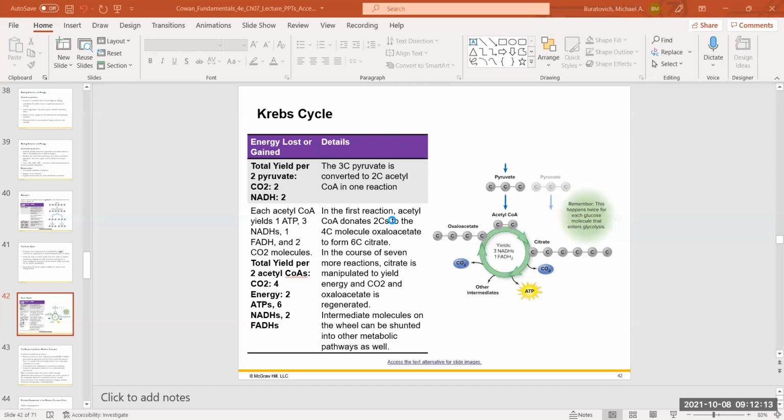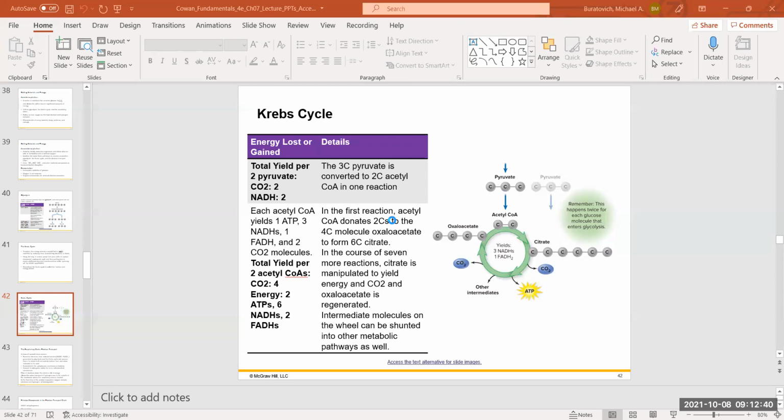The precursors for those are taken from the Krebs cycle, from glycolysis, and from pyruvate and things like that. So some of these pathways are so-called amphibolic. They make precursors that are also used for biosynthesis.